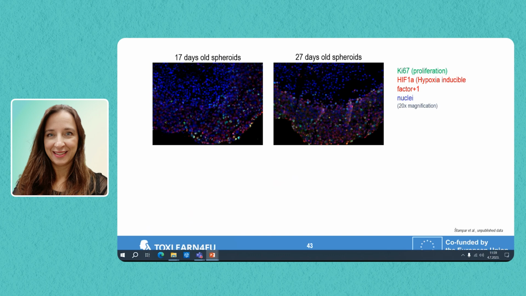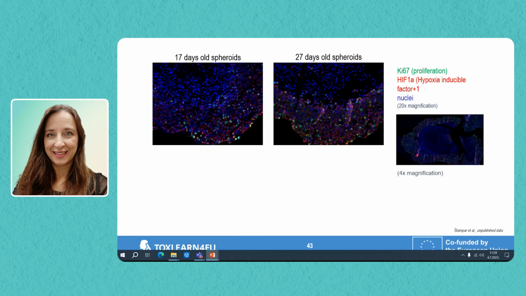Okay, we also used immunocytochemistry. I don't know if you see it, but here it's supposed to be the spheroid cut, and these are only parts of the spheroid. But you can see this is like one zone, and then you have another towards the inner part.